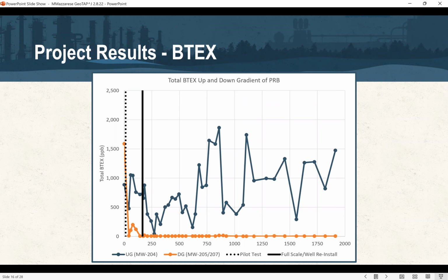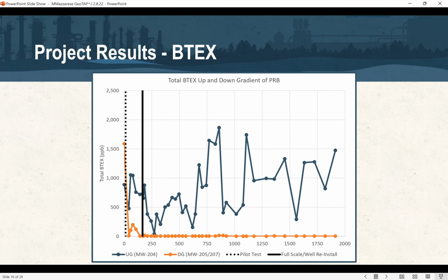And so here's the total BTEX. It's on the primary axis, in ppb. Blue is what's on the up gradient well, and orange is everything on this side of this solid line. This is MW205, this is MW207 here.